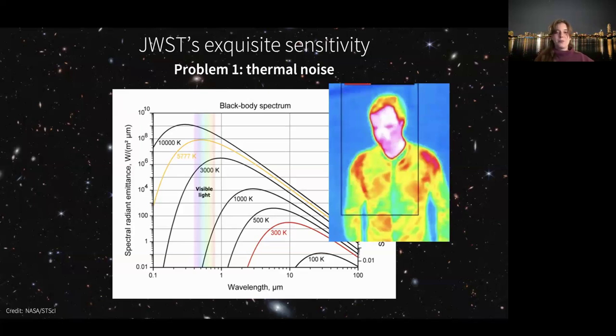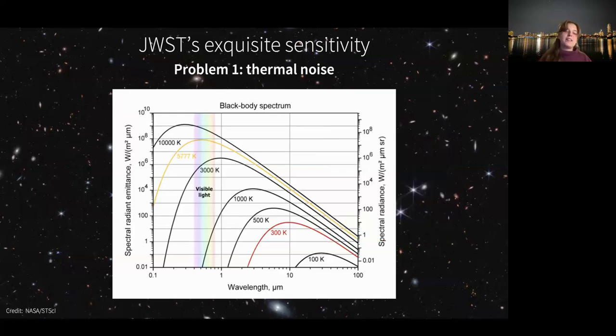Because we are at a certain temperature, we radiate in the infrared, at longer wavelengths than your eyes can see in the visible light band, and that's what a typical thermal camera is looking at. So operating these detectors at JWST is basically like having a thermal camera on the telescope, and anything that gives you thermal noise is going to pollute the detector.